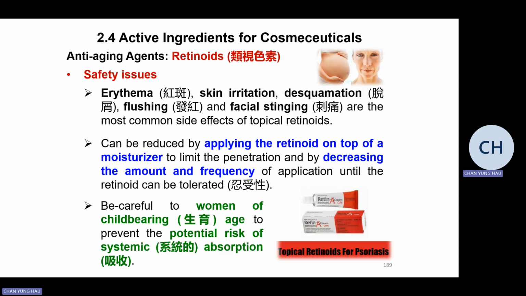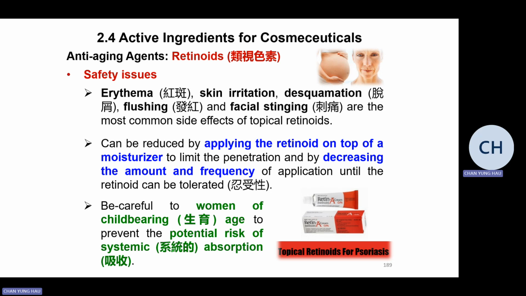Concerning the safety issues of retinol, overuse may cause erythema, skin irritation, desquamation, flushing, and facial stinging, which are the most common side effects of overuse.